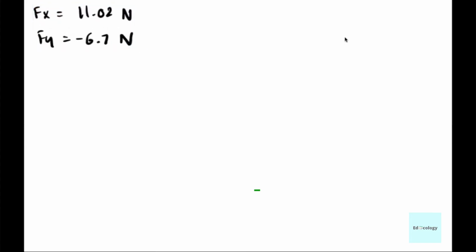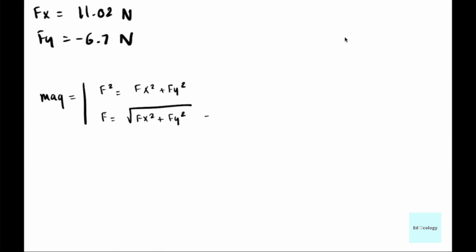For the magnitude, we will use the Pythagorean theorem, which is F squared is equal to Fx squared plus Fy squared, which will be the square root of Fx squared plus Fy squared, and you will get 13 newtons.